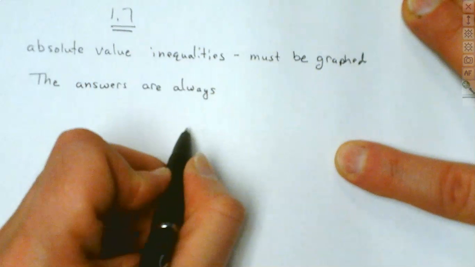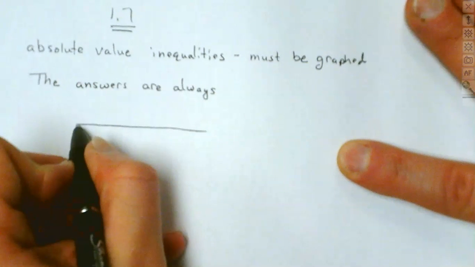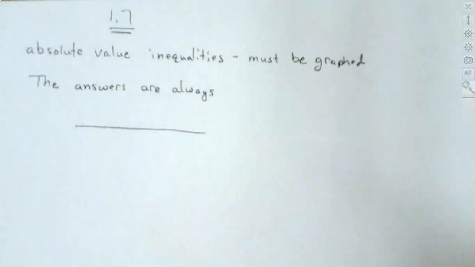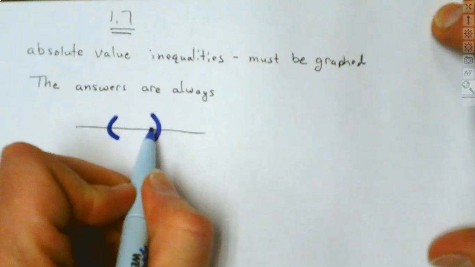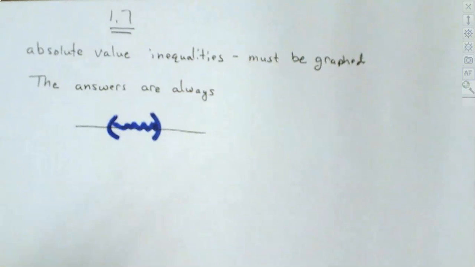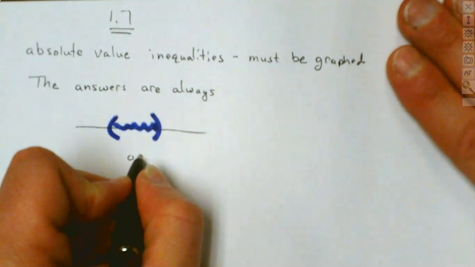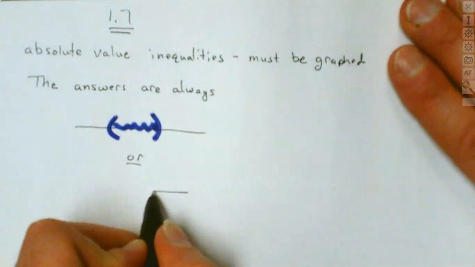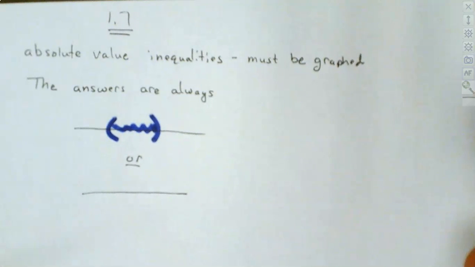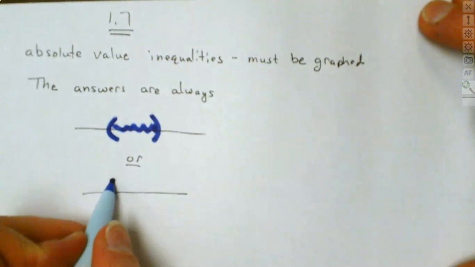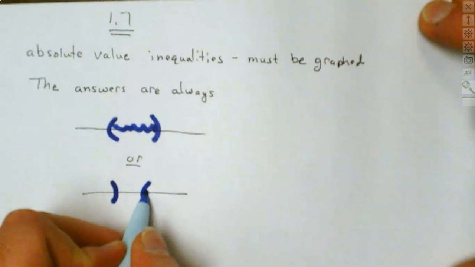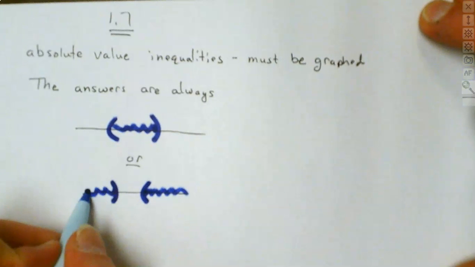The answers are always going to be shaded either in the middle, like this, or on the ends, like this. And they can have square brackets or they can have parentheses.